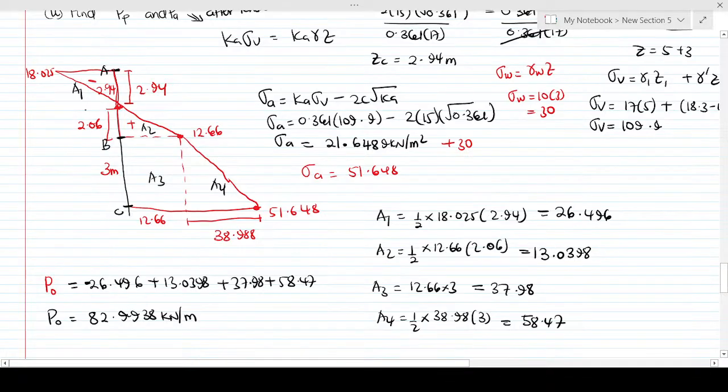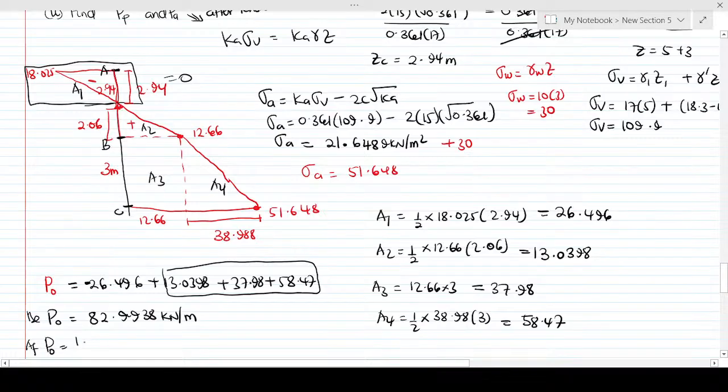So after the tension crack, you just consider this side to be zero, then you find this side. So this is before, then after the tension crack, it's simply this whole guy without the negative side, right?